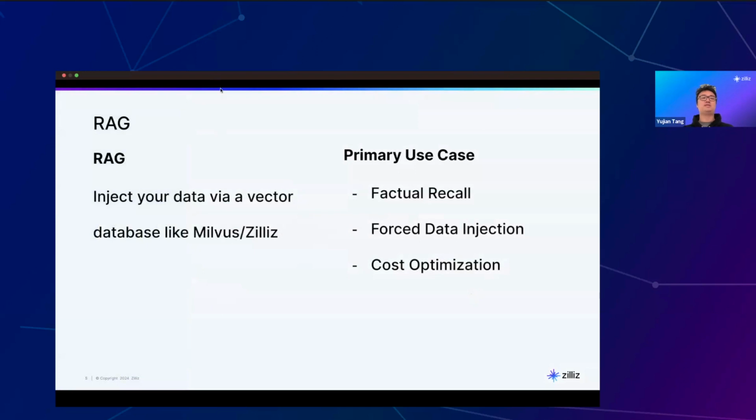So the primary reason that you would use RAG is basically because you want to inject your data into an LLM, right? When you're working with an LLM, you're typically working with some sort of generalized model, and it doesn't have access to the data that you want it to have access to, or your private data is generally not going to be used to train an LLM.